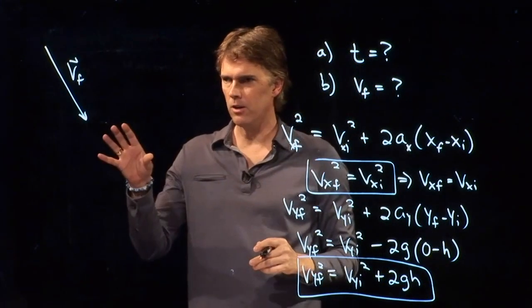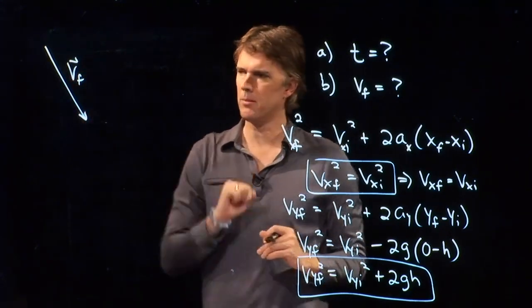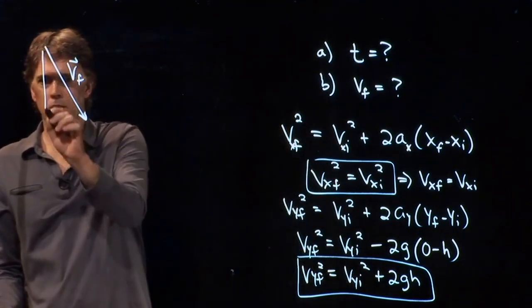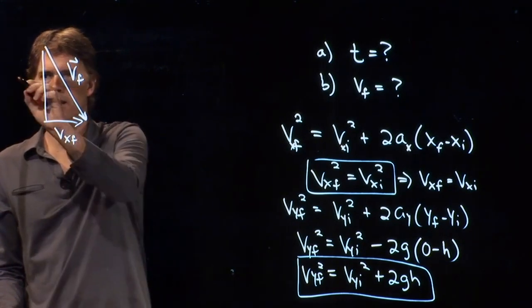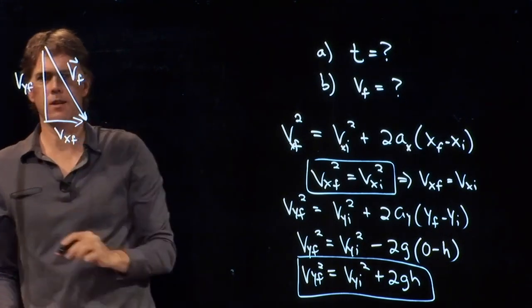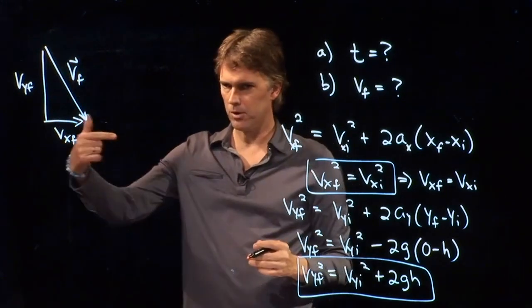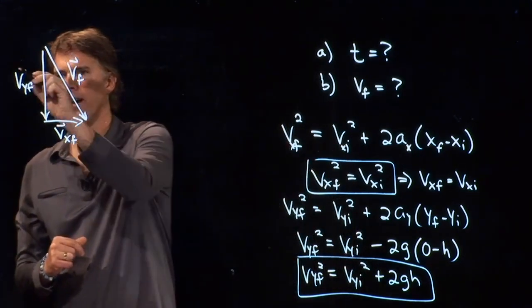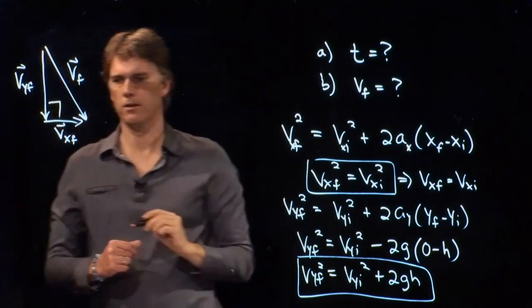Okay, V final is somewhat in that direction. If we go back to our picture, right, it's coming down and to the right. Vx is going to be this component of that triangle. Vy final is that component of the triangle, right? We have some x component of our final velocity. We have some y component of our final velocity. And now look, this is another right triangle.